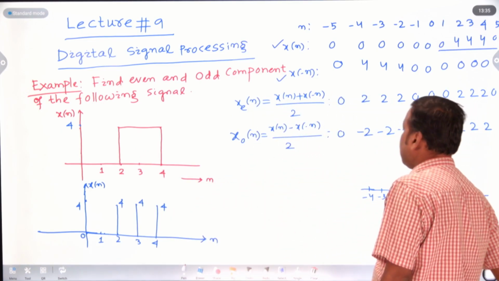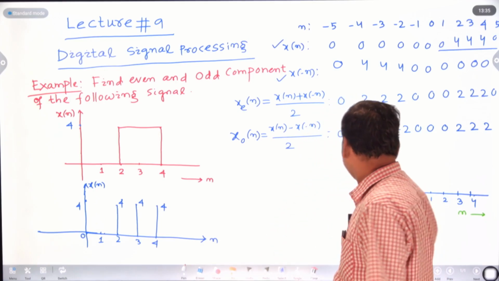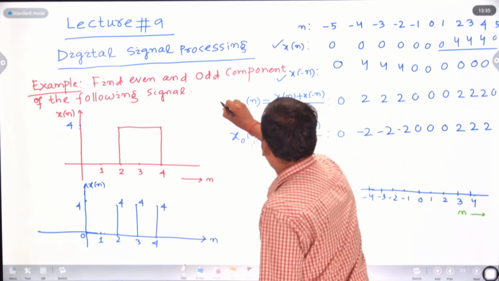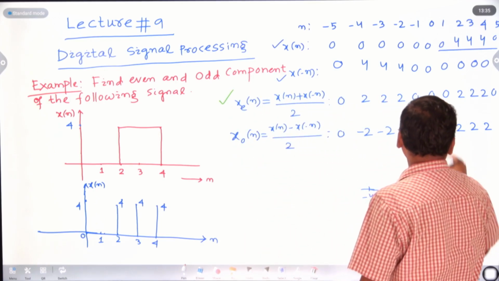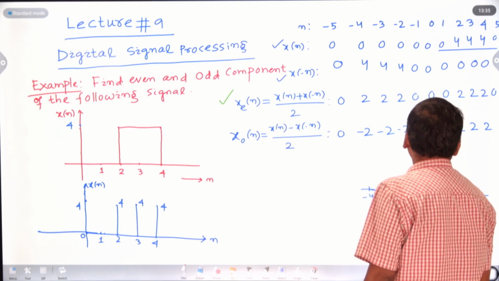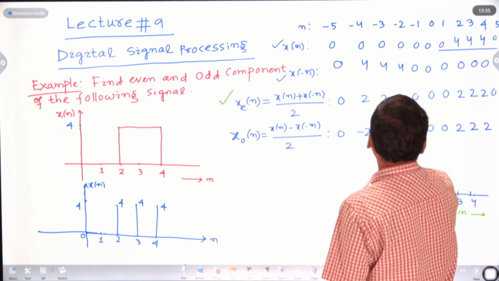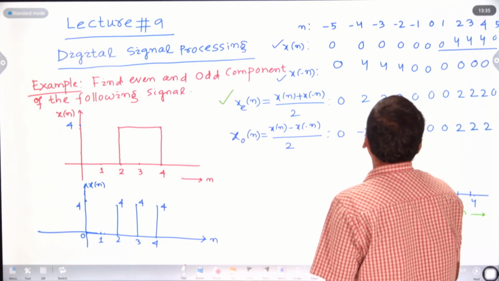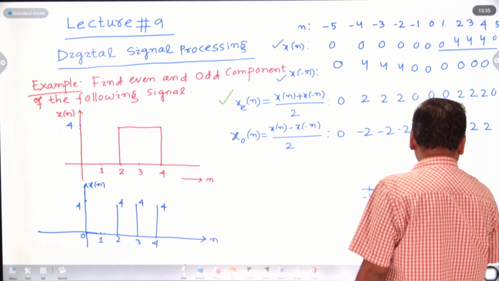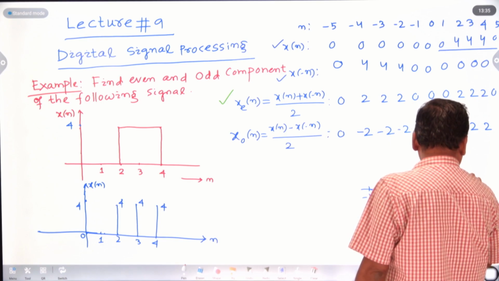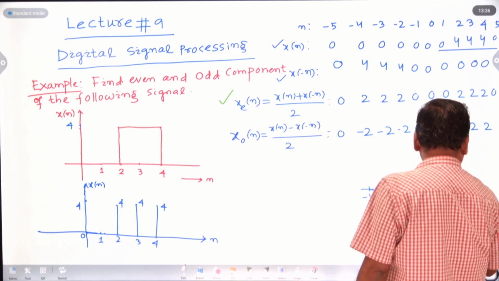Now we are going to calculate x of n. This is the even component of the signal. At n equal to 0, that is 0. At n equal to 2, 3, 4, that is 2, 2, 2. So at n equal to 2, 3, 4, it is 2.